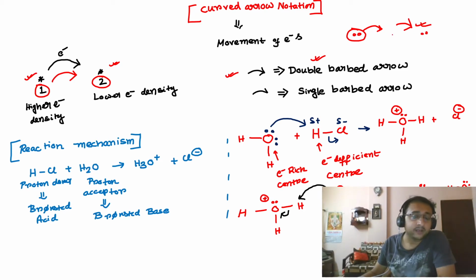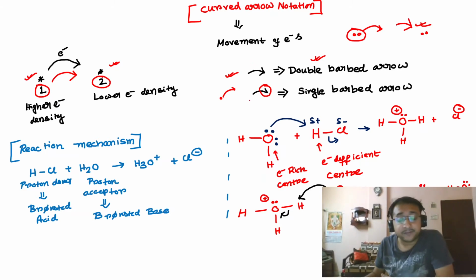On the other hand, in some cases there can be a movement of a single electron. Only a single electron moves from one point to another point, which is shown by a single barbed arrow. So this is a double barbed arrow showing the movement of an electron pair, and this is a single barbed arrow showing the movement of a single electron.